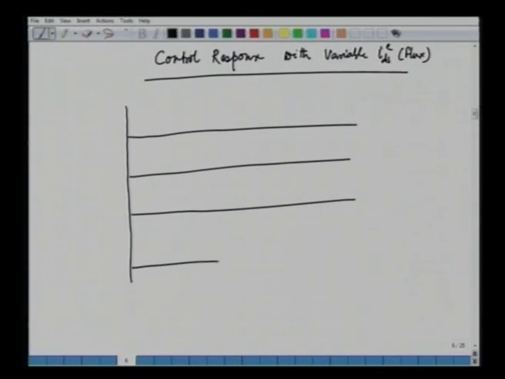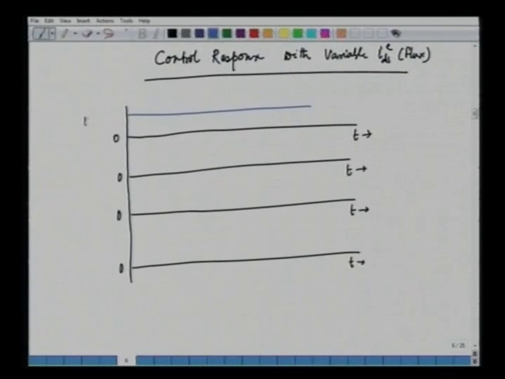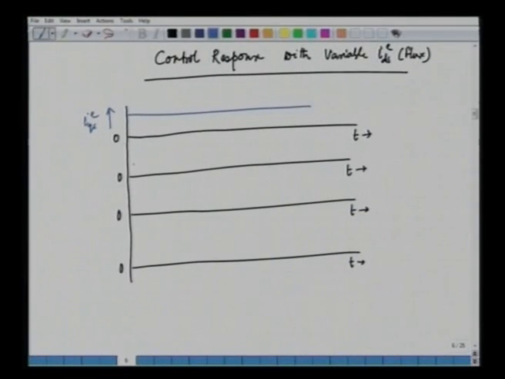This is the origin, and the x axis is the time axis. And what we will see here is that we keep IQAC constant. The torque component of current is IQAC, that is kept constant. So, this remains constant here, and IDAC is given a step change. This is our y axis, and IDAC is given a step change.